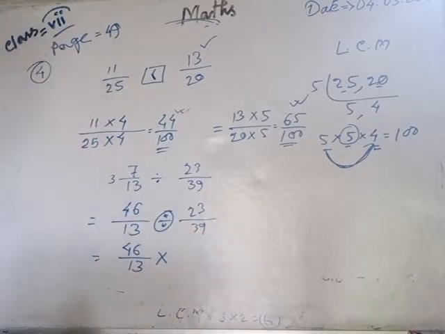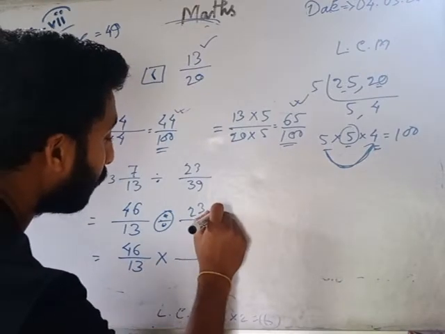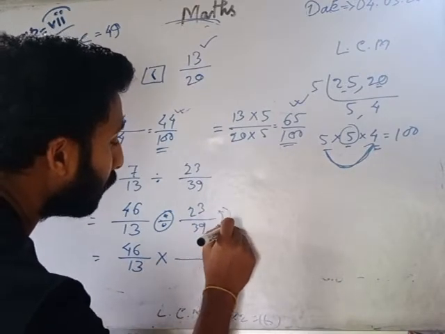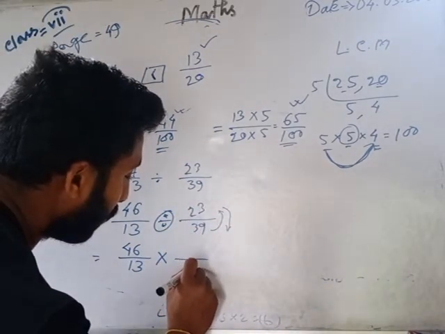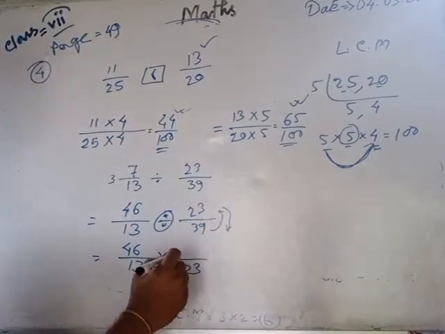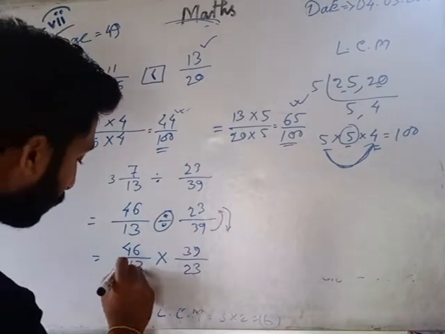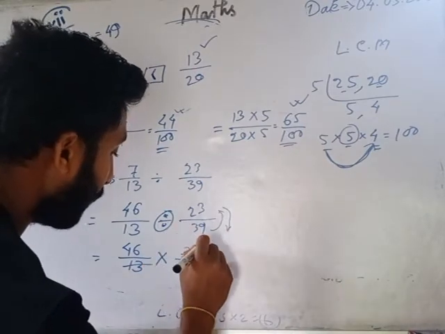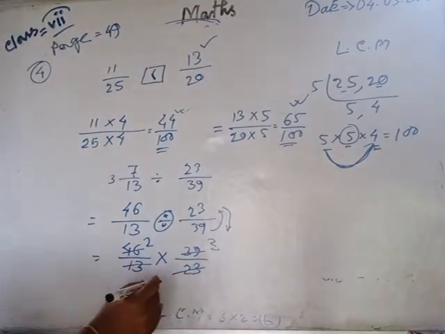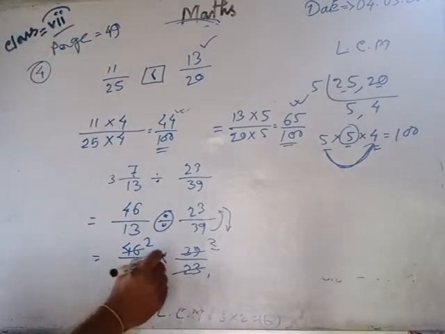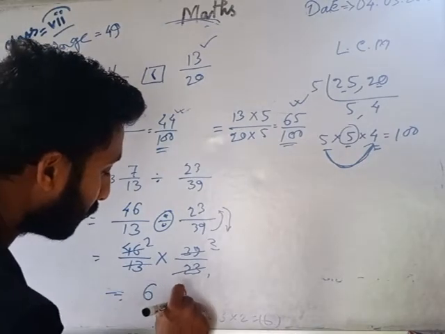When it is division, convert it into a multiplication sign, and the upper half goes to the lower half and the lower half goes to the upper half. That means the numerator goes to the denominator, and the denominator goes to the numerator. 3 13s are 39 and 2 here, because 23 ones are 23, 23 twos are 46. That means we should write here 6 as the answer.